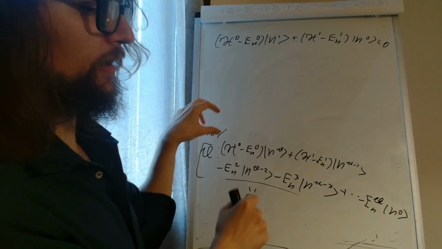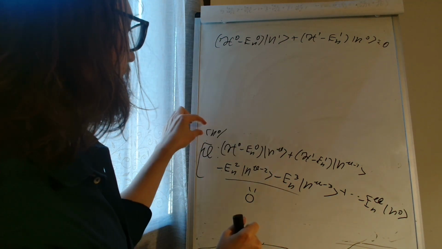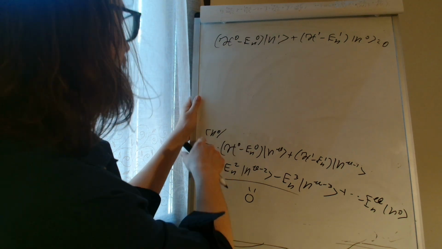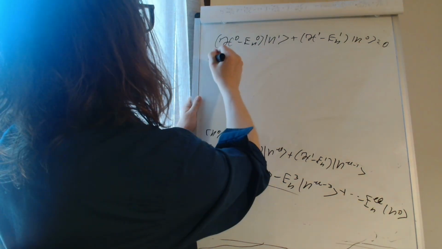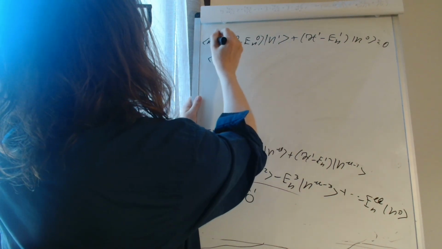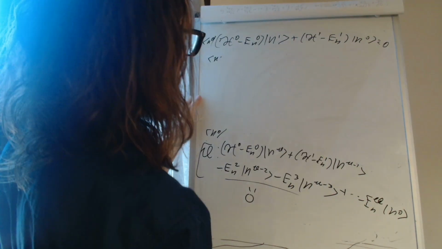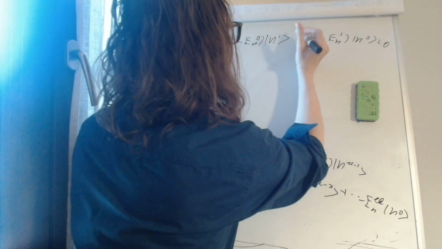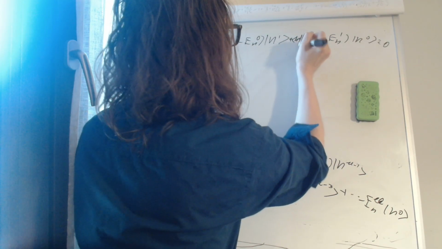So we do the bracket with n0 here, and so we have n0 times this plus n0 times this.